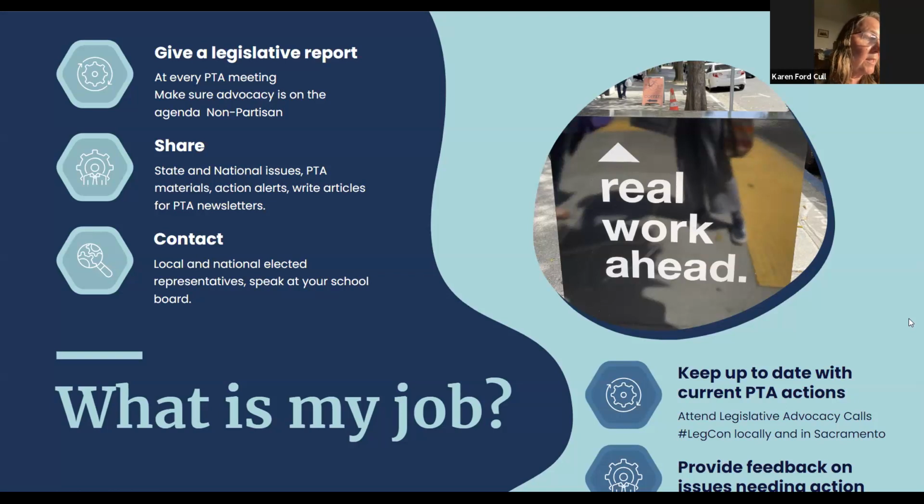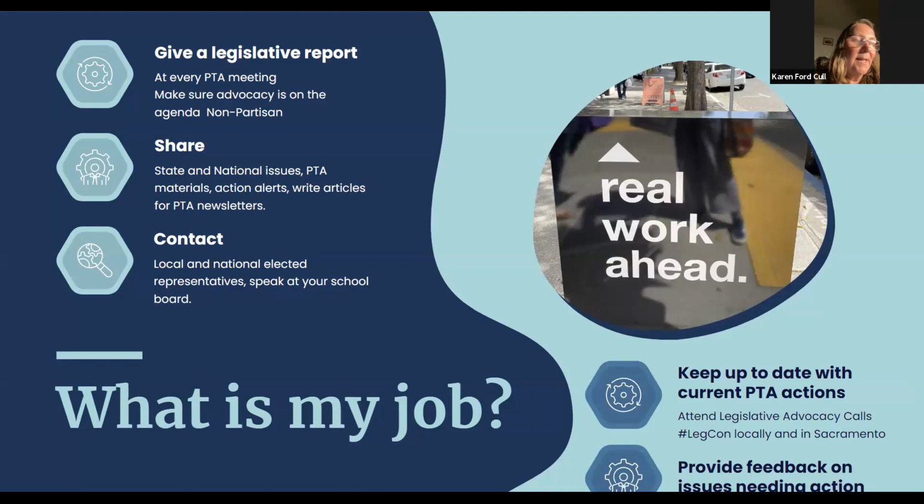So you can really think about, well, these are the things that PTA is working on, and talk to your president about how you can incorporate it into all the other things that you're doing in your units. Also important is to contact your local and national elected representatives.